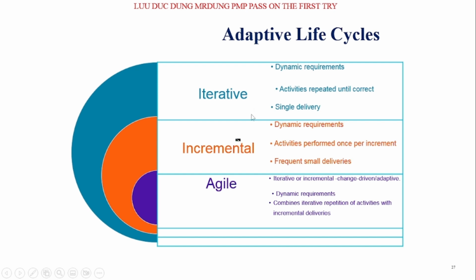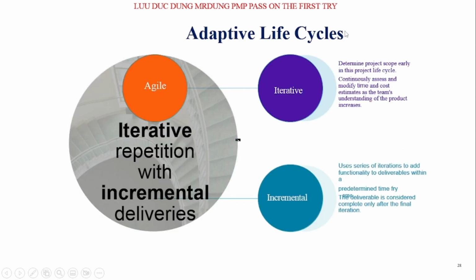So the adaptive contains iterative, incremental, and agile. Adaptive life cycle, agile: iterative repetition with incremental deliveries. Iterative determines project scope early in the project life cycle and continually assesses and modifies time and cost estimates as the team's understanding of the product increases.